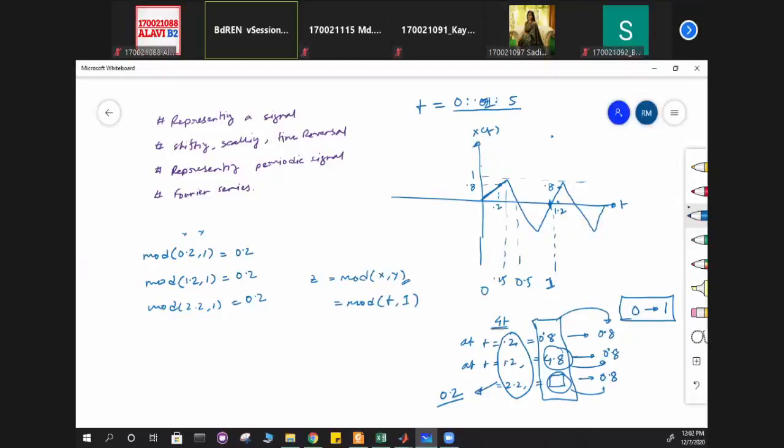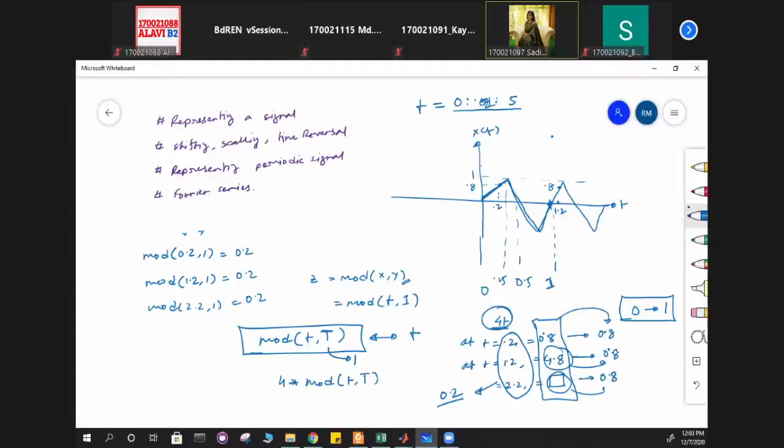What I'm trying to say is, if we use mod(t, T), the time period T, in this case T is 1, in place of t, then that can solve our problem in case of a periodic signal. Is it clear to you? So in place of 4t, now we can use 4 into mod(t, T). Are you getting me?